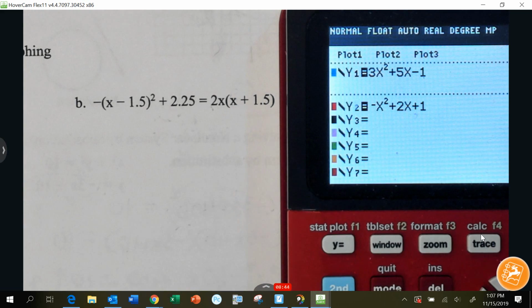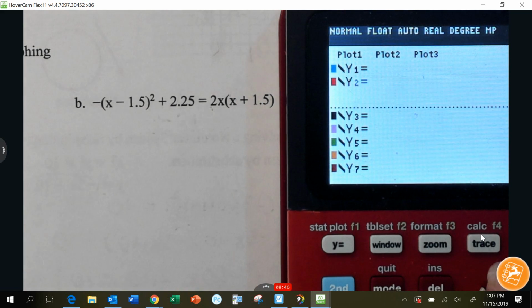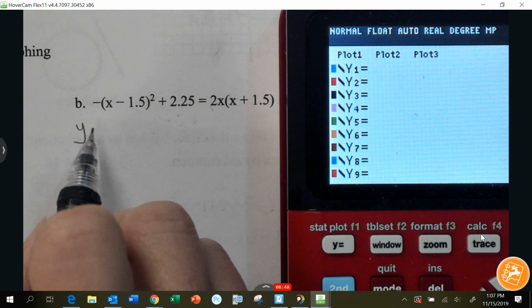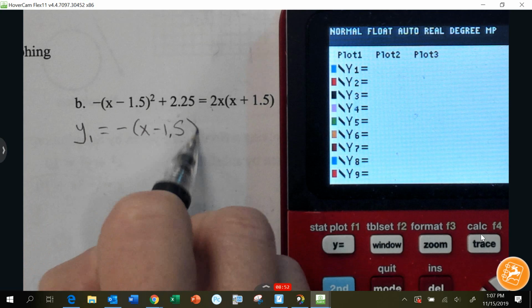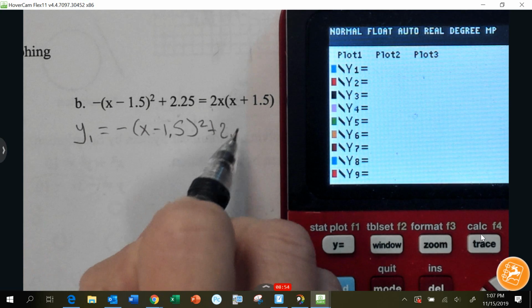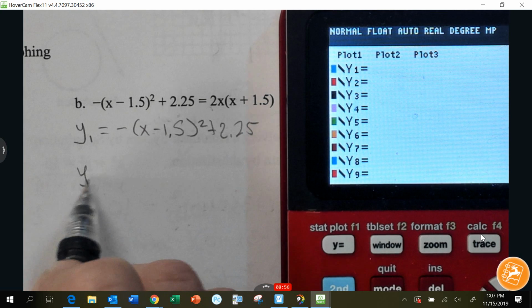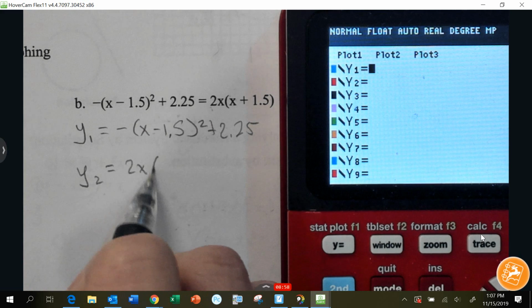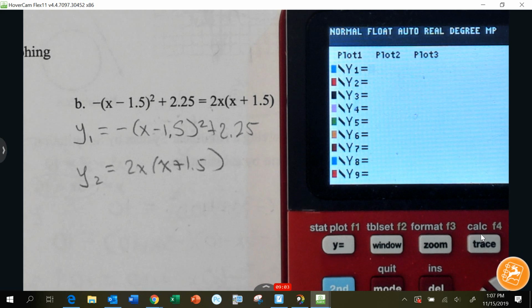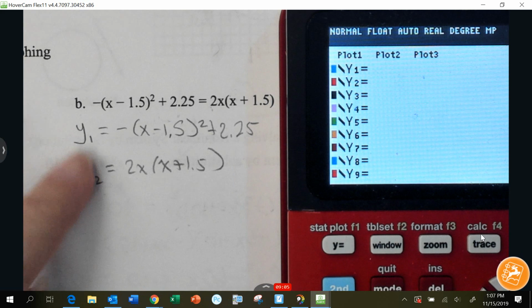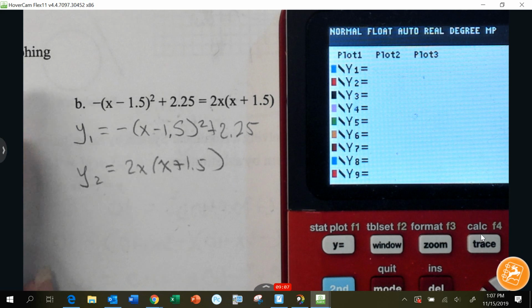So go to y equals, clear that out. y1 equals negative x squared plus 2.25, and then y2 equals 2x times x plus 1.5. Do you want us to write that down each time?